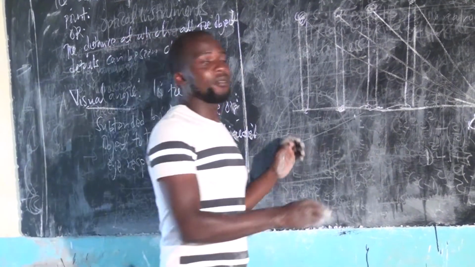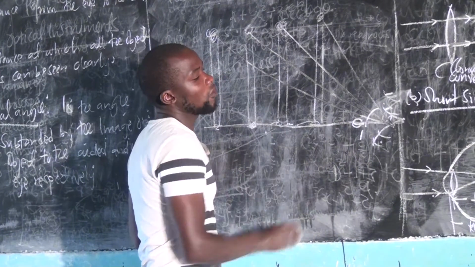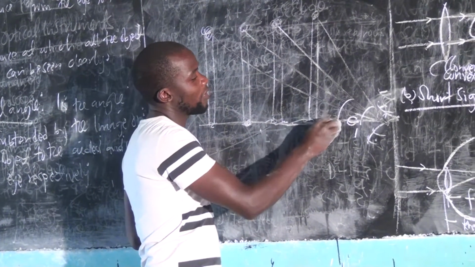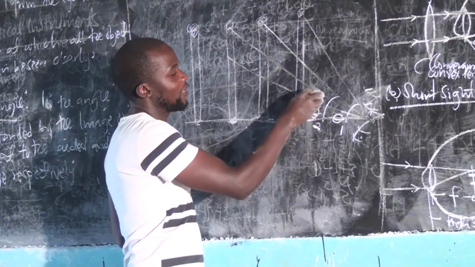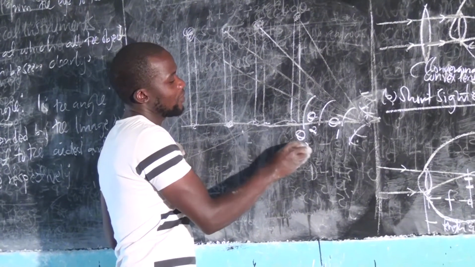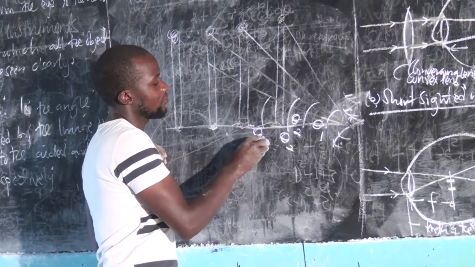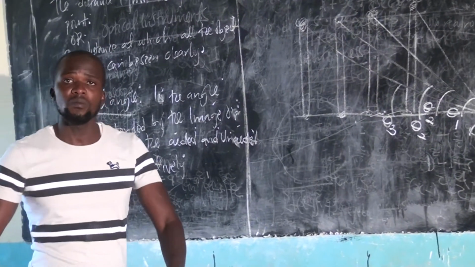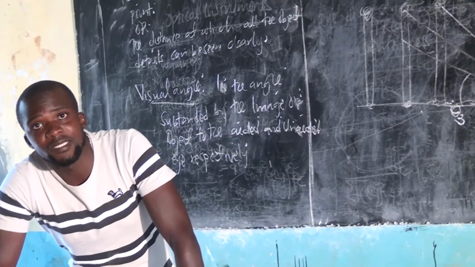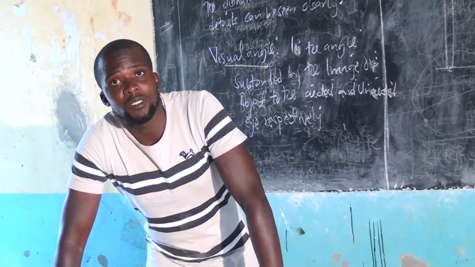Why? Because this one subtends a large visual angle compared to these ones. The visual angles are different. So the bigger the visual angle, the bigger the size of the object you are seeing.